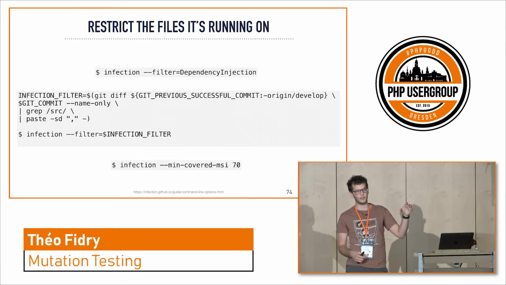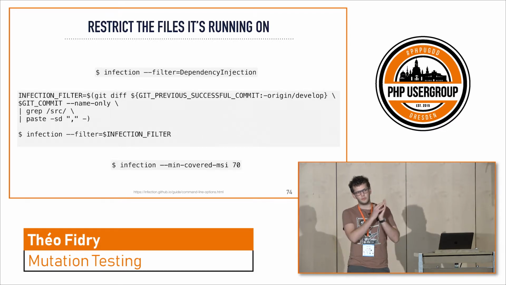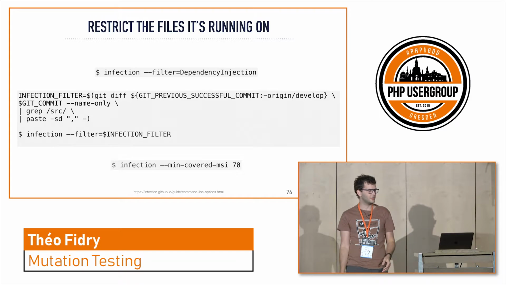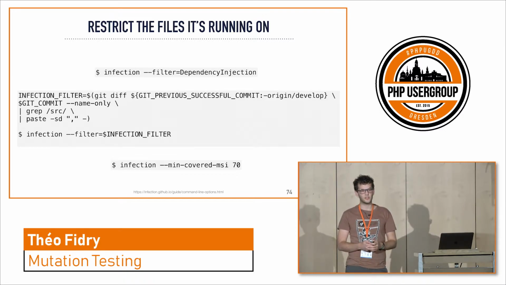Okay, what went wrong? And you want to add more tests or debug it. You don't want to run the whole test suite again to find it out. So you can just apply infection to the files that you want to check. And another example is in the CI, you don't necessarily want to run it on the whole project all the time. You can just apply it on the diff of the code that changed in your pull request.